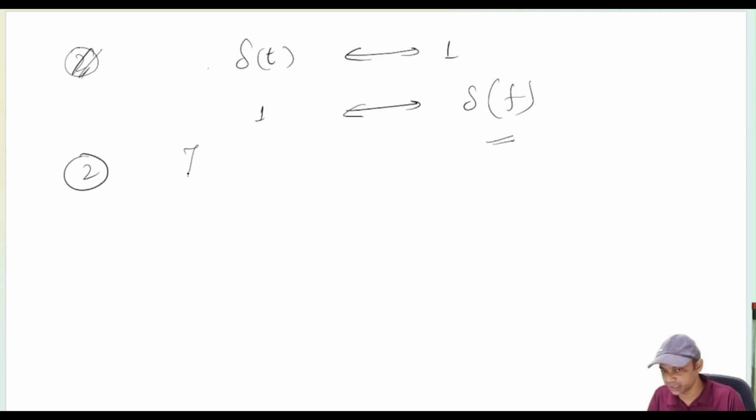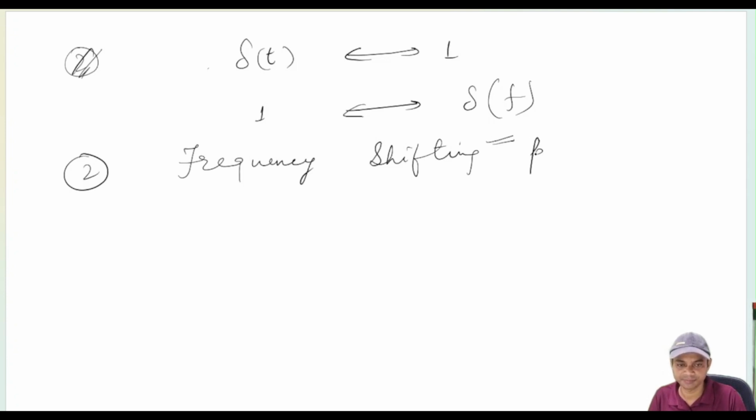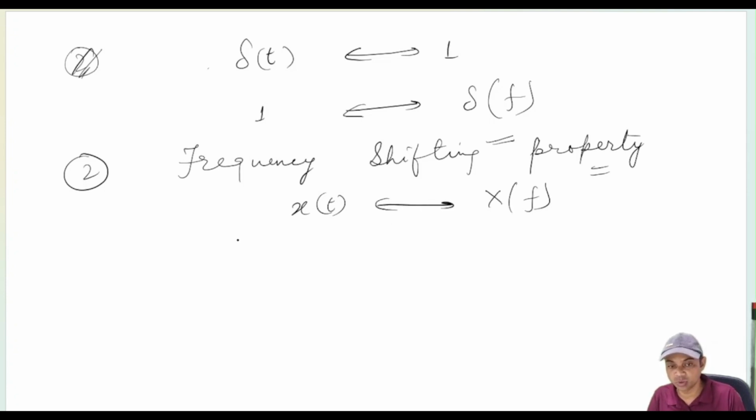Second, our property is the frequency shifting property. In frequency shifting, suppose xt is our time domain signal and its Fourier transform is xf. What will happen when we shift in the frequency domain, that is f minus f naught?